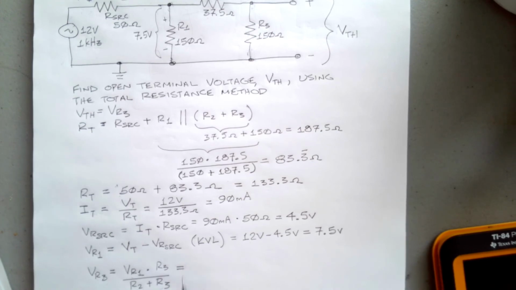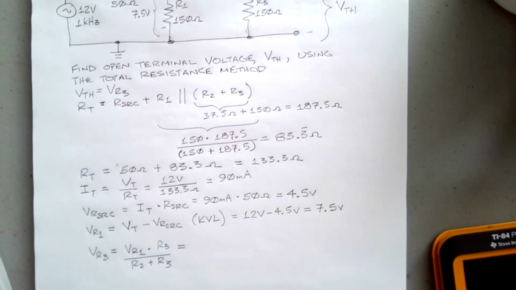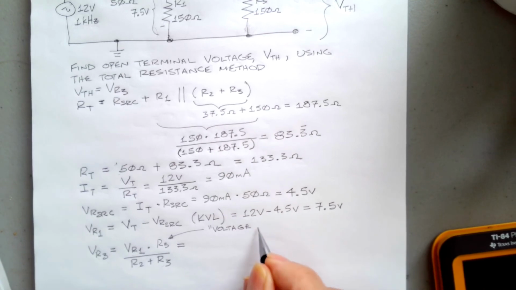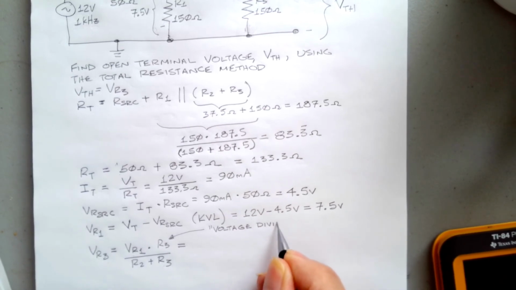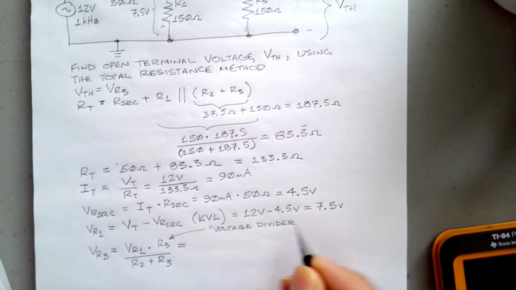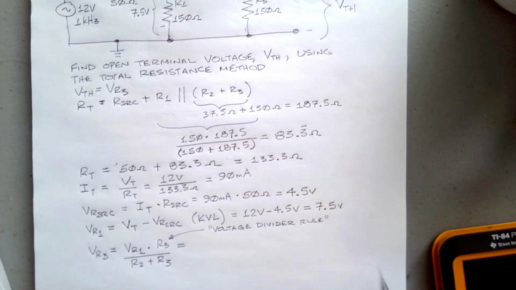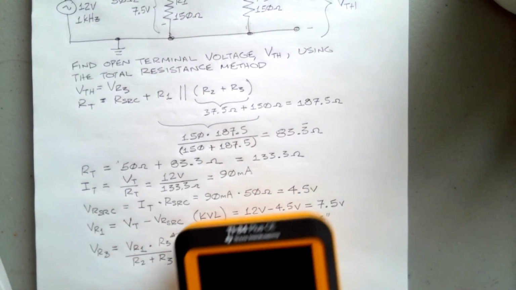And we'll put a note here. We'll just say that this is called the voltage divider rule. And you can look it up. It's a thing, as they say in the business.